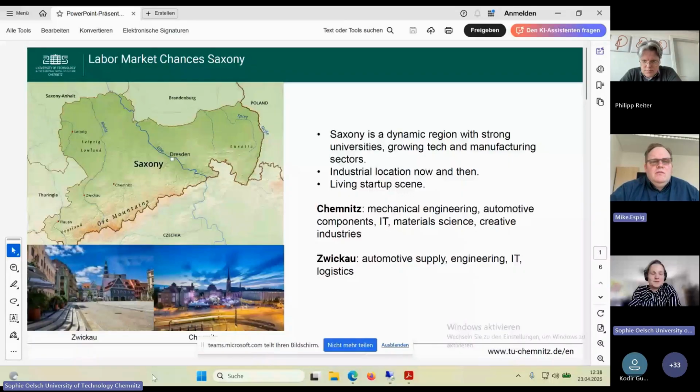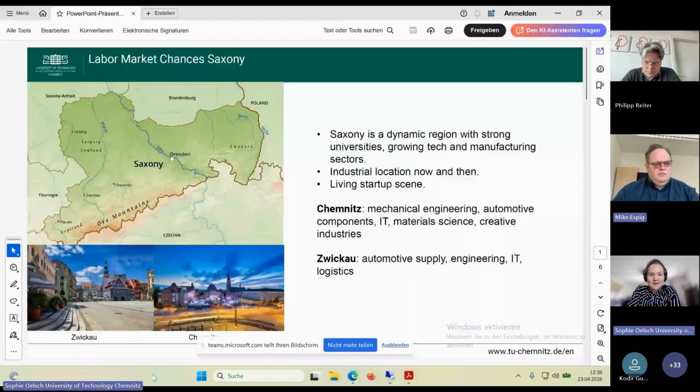And like Mr. Goldberger already told you, Mr. Kohnle is sick at the moment, and I'm trying to hop in and give a rough overview about the labor market chances in Saxony, because probably you won't just be here in Saxony to study, but also to gain work experience. So let's start.